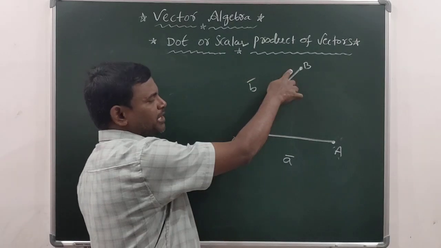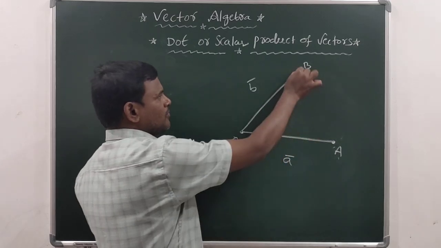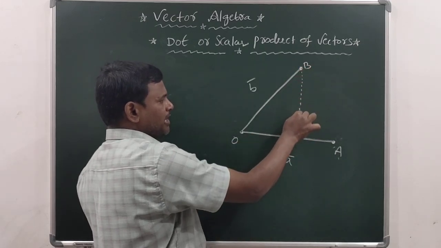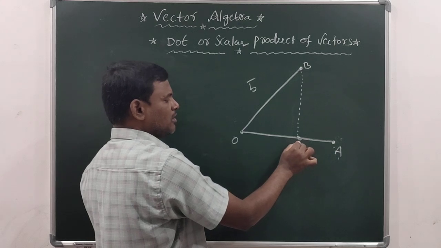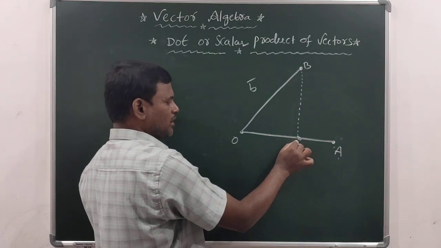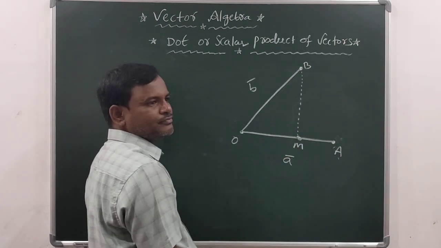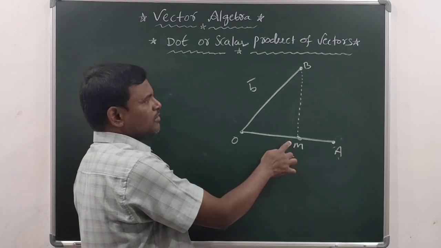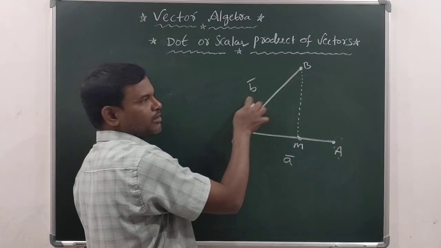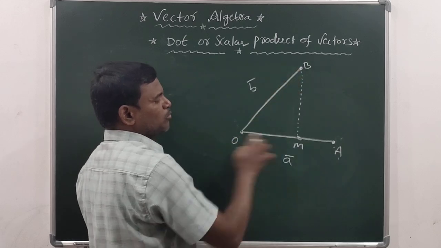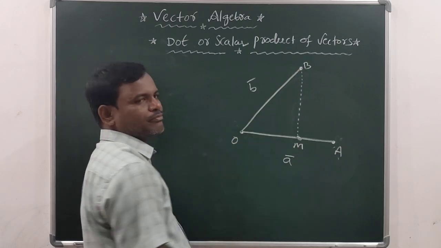The projection of B on A, you may get this. Let it be, okay, M. This OM is the projection of OB. OB means here B vector. Projection of OB on OA is OM.